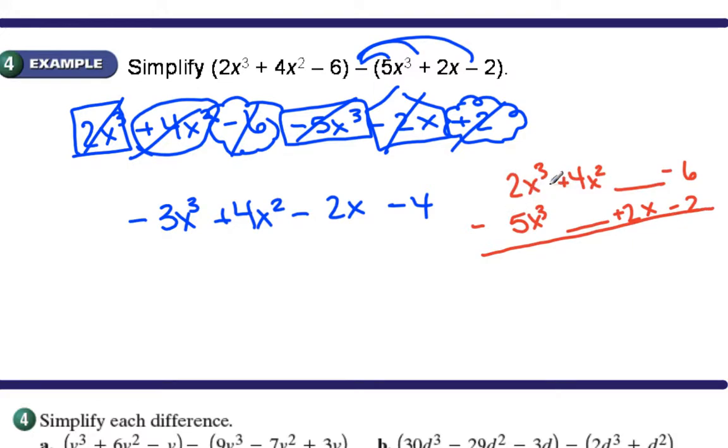All right, so 2x cubed minus 5x cubed, negative 3x cubed. 4x squared minus 0 is just 4x squared. 0 minus 2x would give us negative 2x. And negative 6 minus a negative 2. Minus negative makes positive, so negative 6 plus 2 is negative 4. If you notice, these are the exact same equations. They were just two different approaches on how you would solve them.